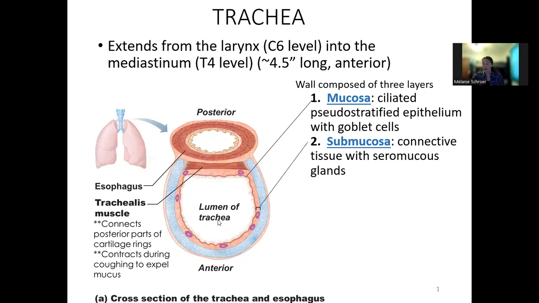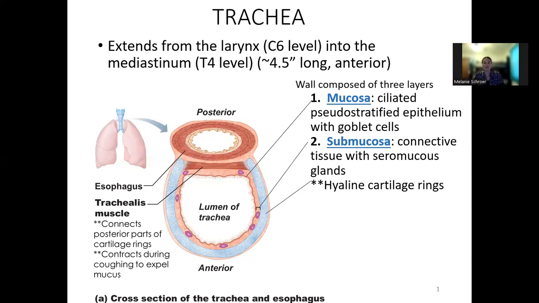Okay? The submucosa consists of a series of different connective tissues, as well as a muscle, as we can see over here. So let's talk about the connective tissue first. Submucosa literally means under the mucosal layer, and so that's exactly where this is. We can see it in pink.